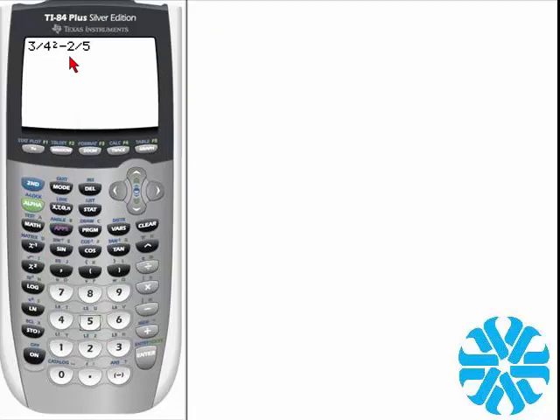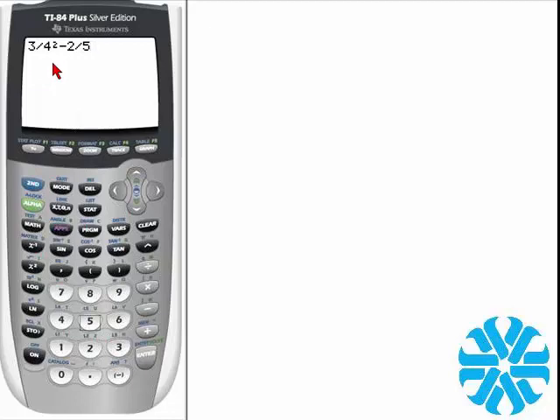Now, do you notice a problem here? There is a problem here. Remember that the calculator follows the order of operations. So what's going to happen here, it's going to take 3 divided by 4 squared. It's not going to square the 3. So what we need to do is correct this.